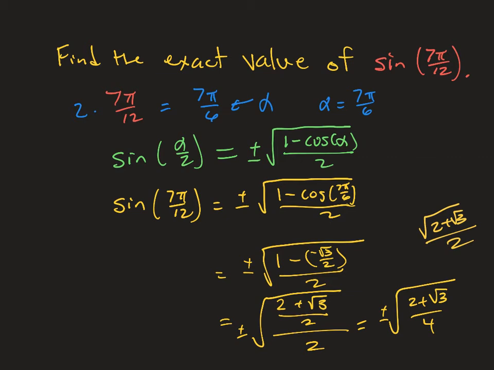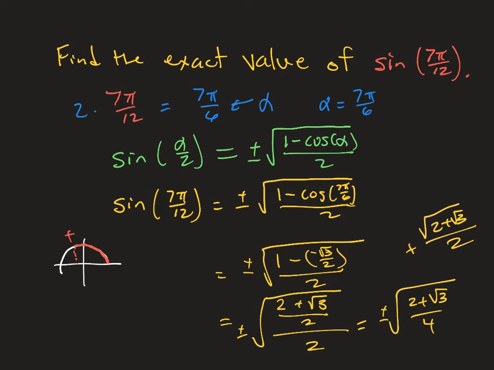So to do that, let's just think about the angle that we used for alpha. We used 7 pi over 6 for alpha, which is this angle here. If we cut that thing in half to get 7 pi over 12, that's going to be right here, and the y value here is positive. So the sign on my answer over here is positive.